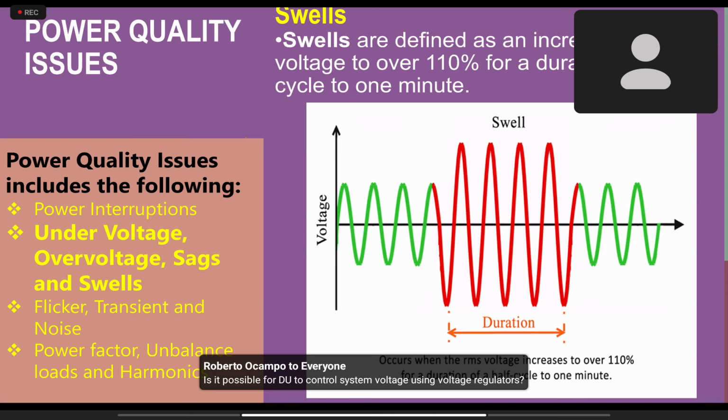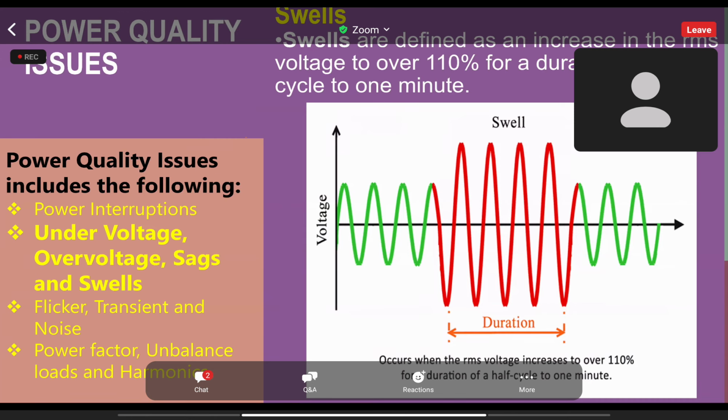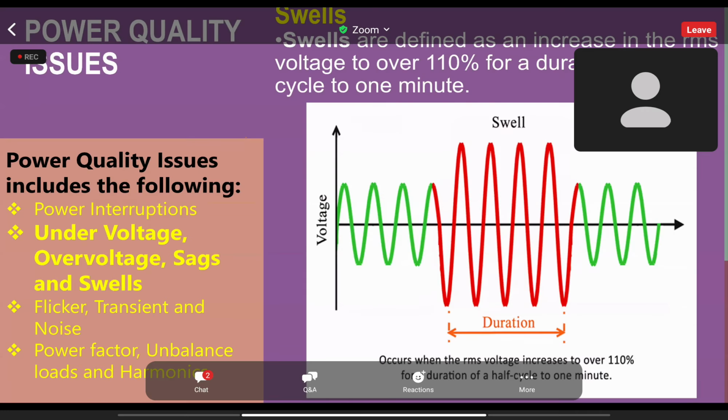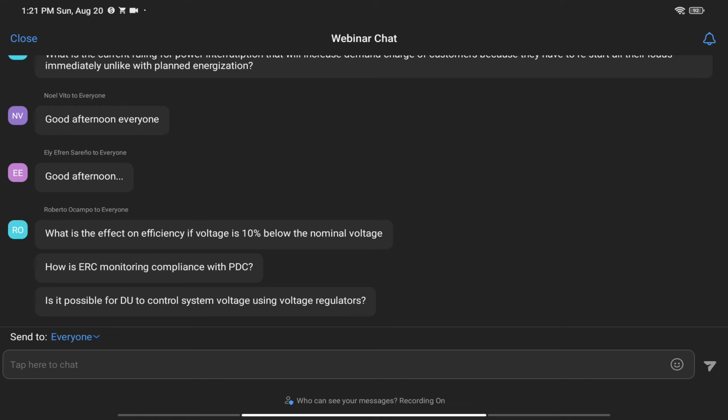This will happen especially if we have large load being removed from the system, or kung mayroong lightning strike, biglang aakyat yung mga voltage values ng ating system. It will result to a sudden rise of the voltage to more than 110%, but for a very short period of time, within half cycle to 1 minute. So that is what we call the swells.